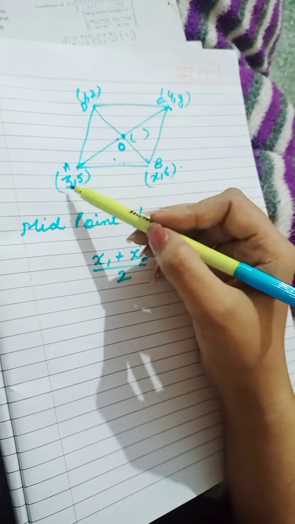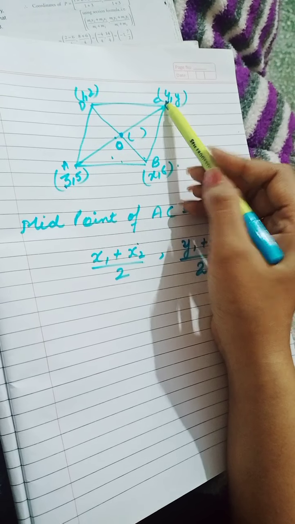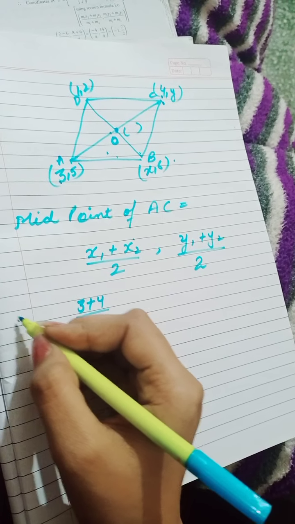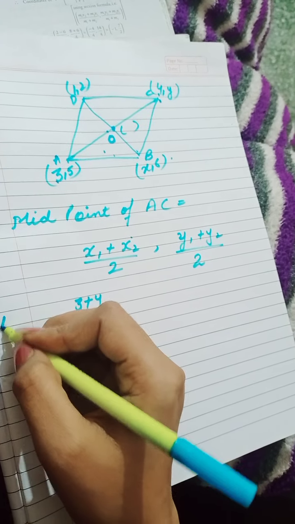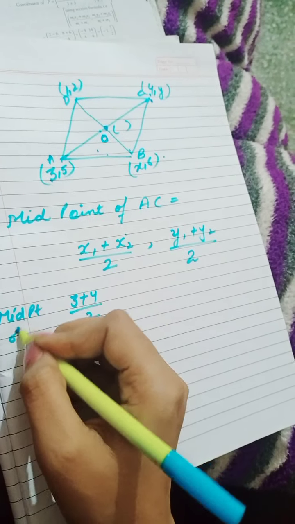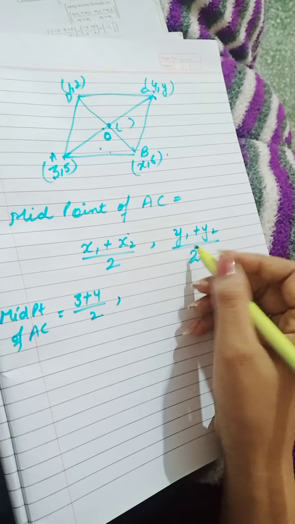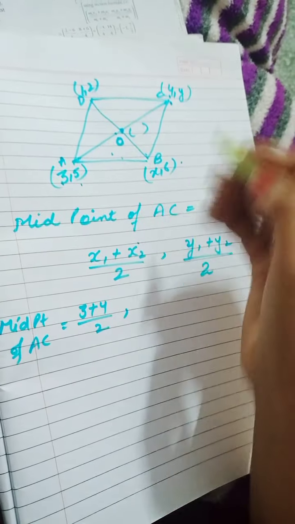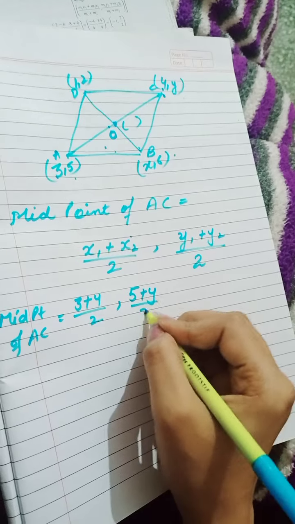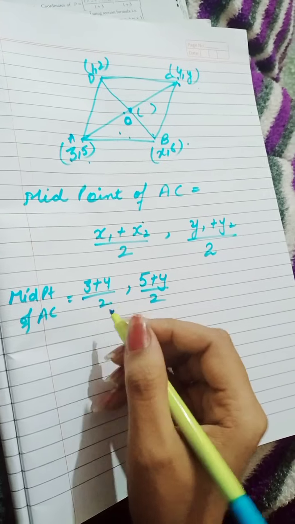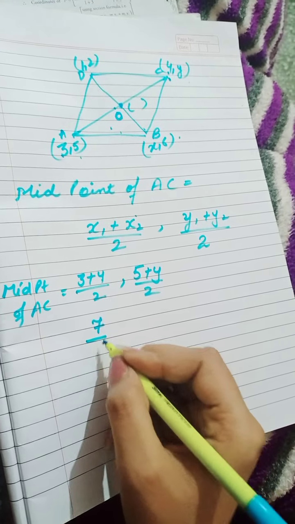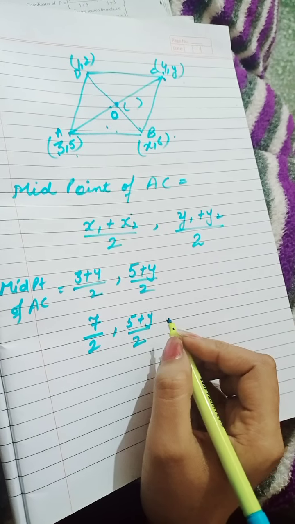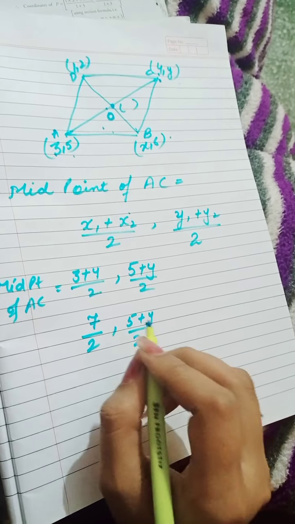So for AC, x1 is 3 and x2 is 4, so it would be (3 plus 4) by 2, and y would be (5 plus y) by 2. So 4 plus 3 is 7 by 2, and (5 plus y) by 2. These are the midpoints of AC.